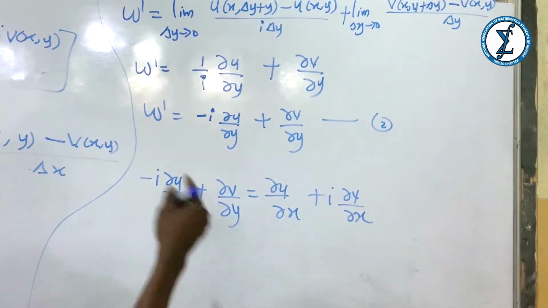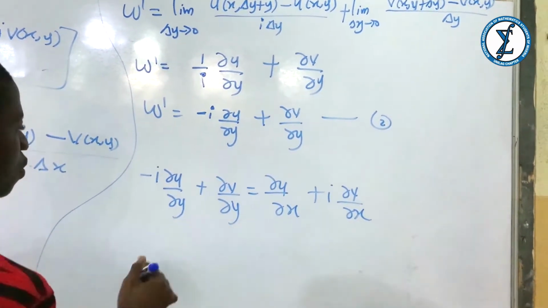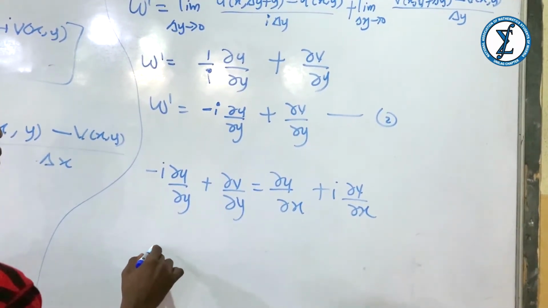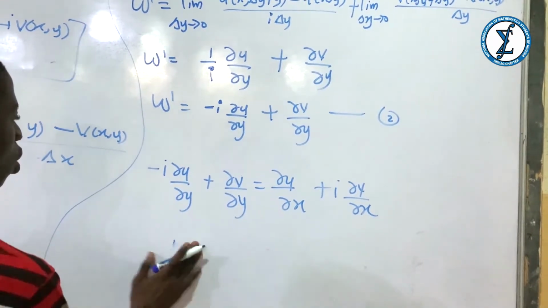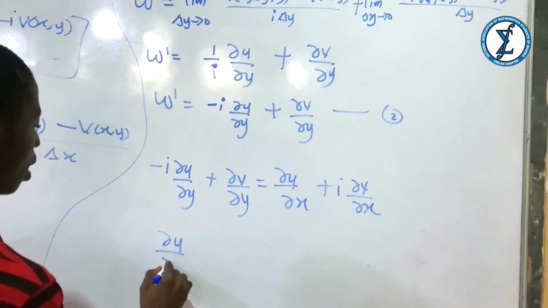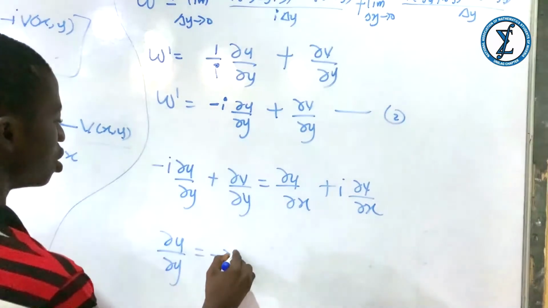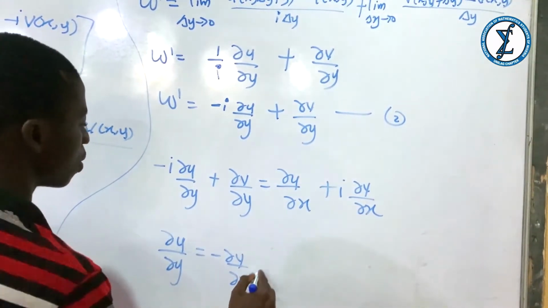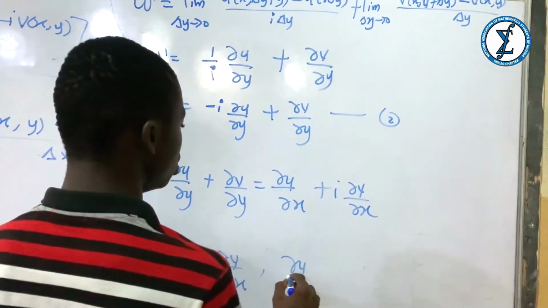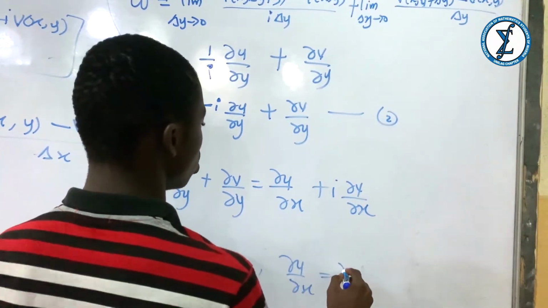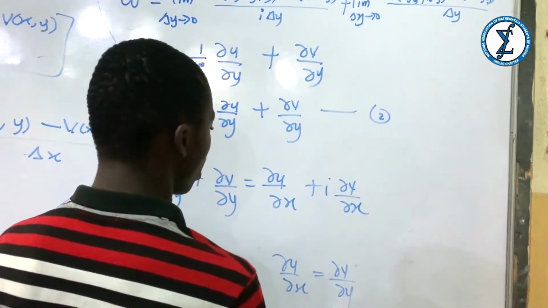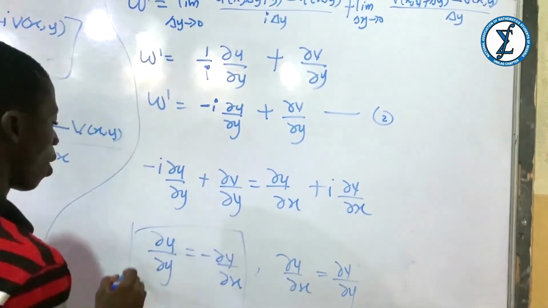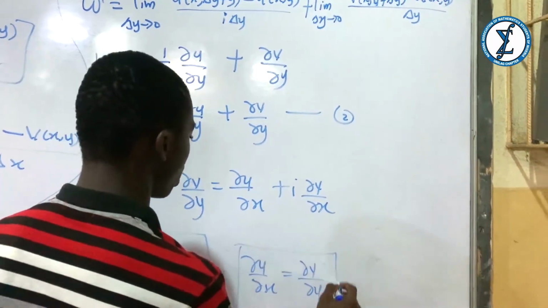So comparing both sides of the equation, we have that du dy is the same thing as minus dv dx, and du dx is equal to dv dy. So these are the Cauchy-Riemann equations.